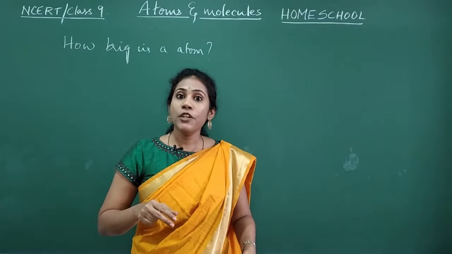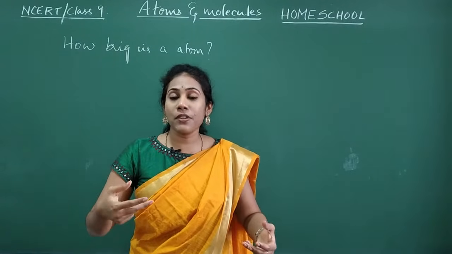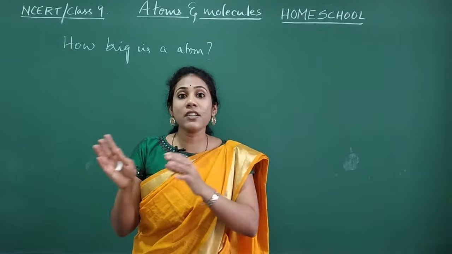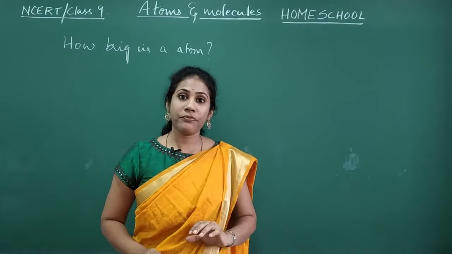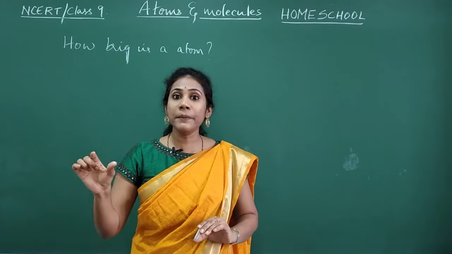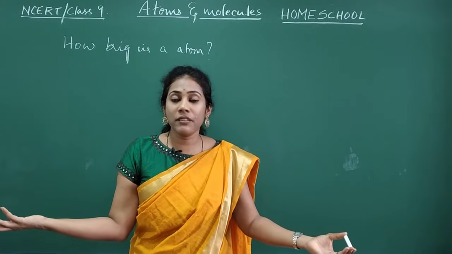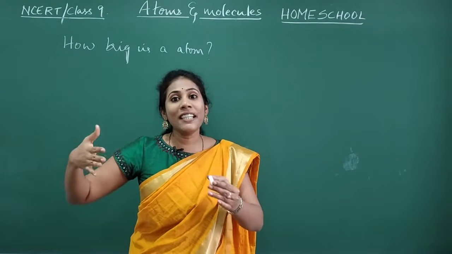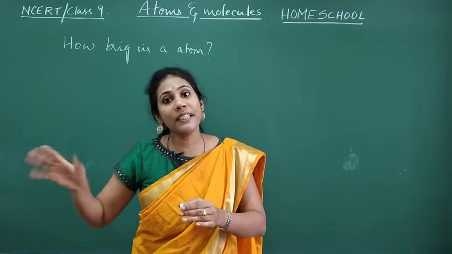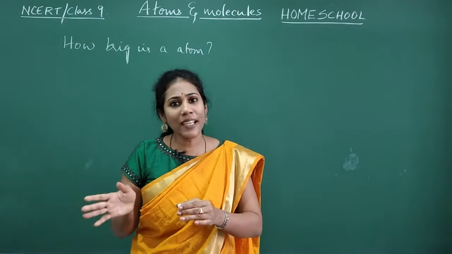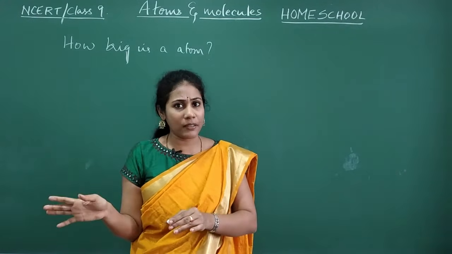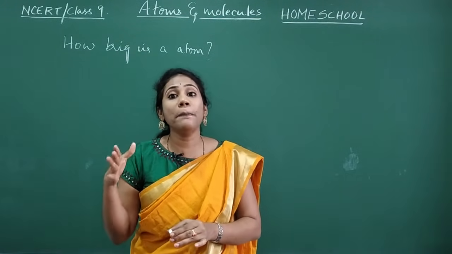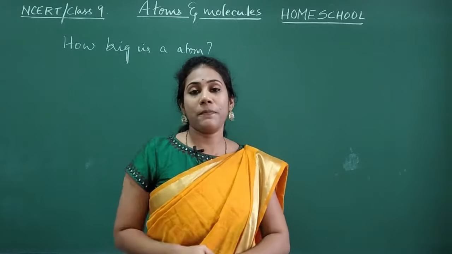When so many atoms of the same type are present together, that is called an element. One single atom is not present in nature freely. It has to be in combination with some other atom of its own type or with another type of atom.